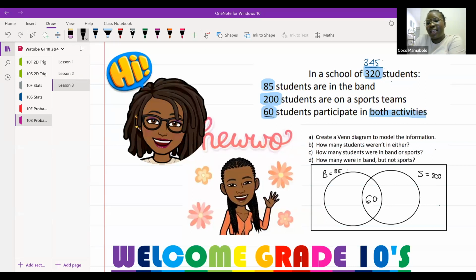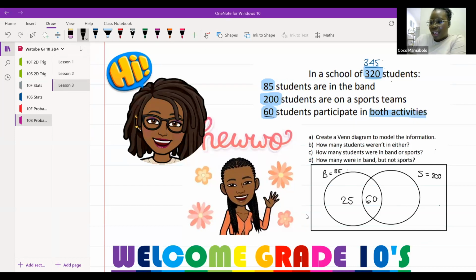So if band is 85 and 60 students have already been accounted for, how many kids do band only? 25. I heard somebody say 25. Yes, absolutely. We're going to go 85 minus 60, and that will give us 25.